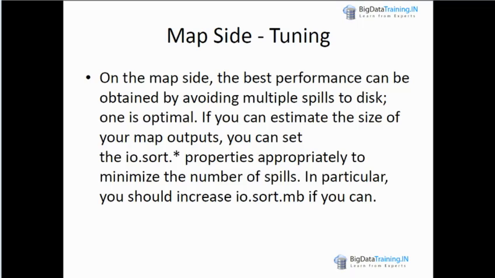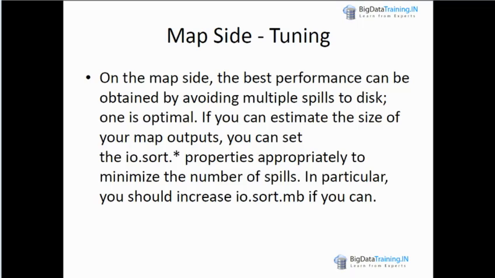In that sense, your 4 MB should be increased to at least some 10 MB. If you use 4 MB as the io.sort.mb value, you will be doing multiple spills to disk, which means 16 times you will have to spill to disk.